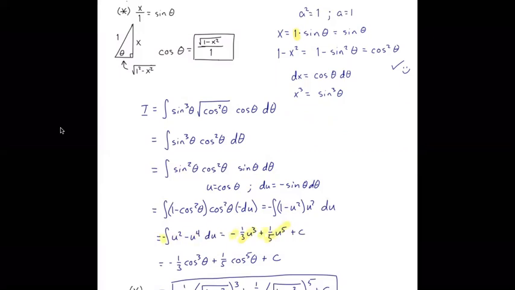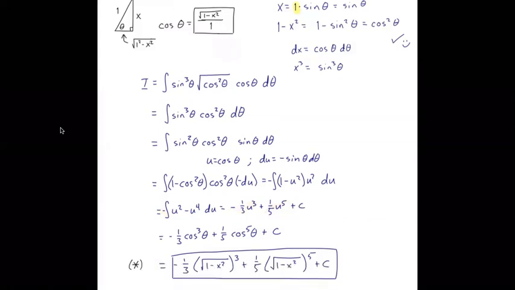So the integral's gone away. We've added plus C, and we've got our antiderivative or indefinite integral in terms of u. Well, we know that u is cosine theta. So now we can back out of this portion. This is negative 1/3 cosine cubed theta. Similarly for 1/5 cosine to the fifth.